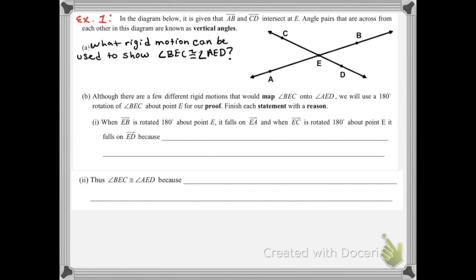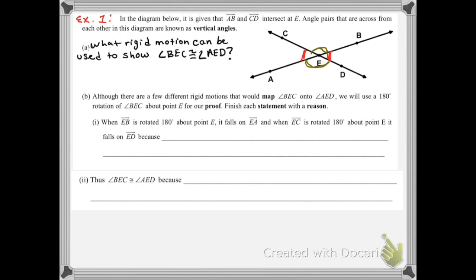Notice angle CEA and angle BED, they're across from each other, so they're called vertical angles. We also have another pair of vertical angles here, which would be angle CEB and angle AED, okay?